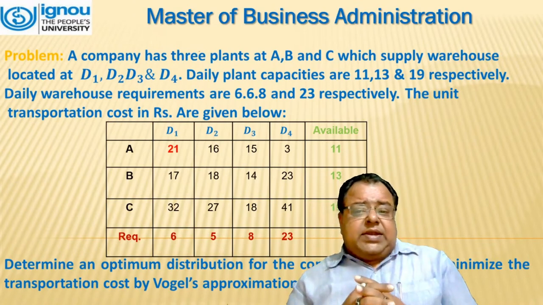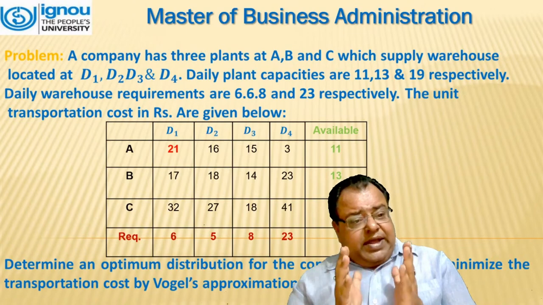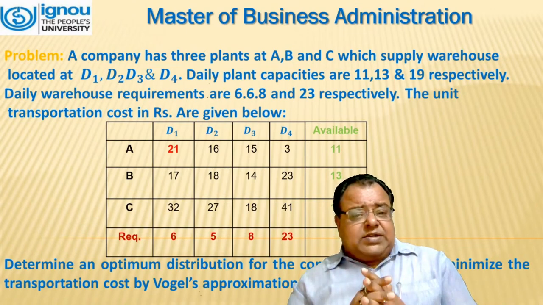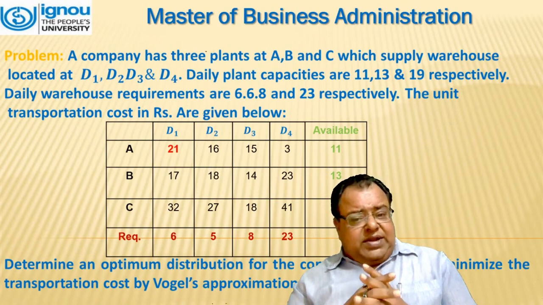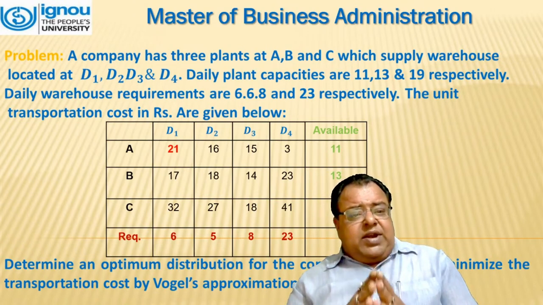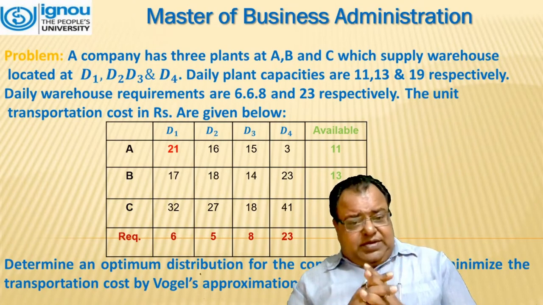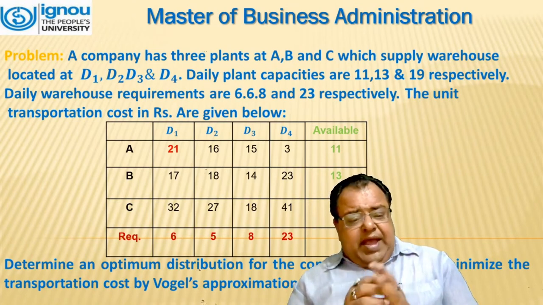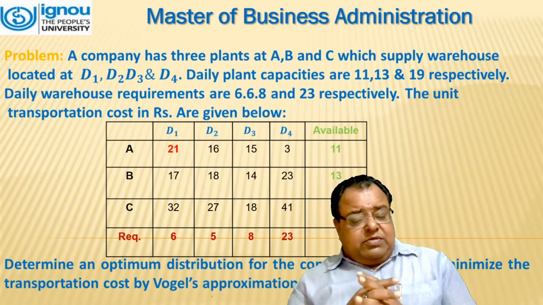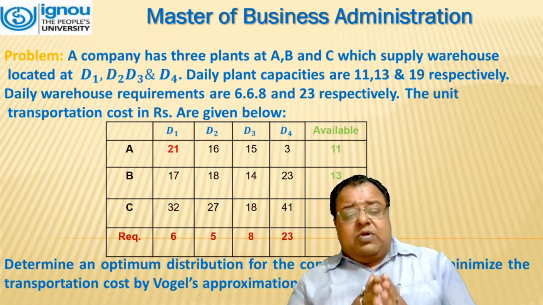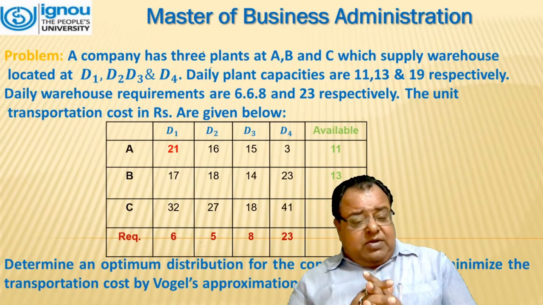Daily plant capacities are 11, 13, and 19 respectively, and their daily warehouse requirements are 6, 6, 8, and 23. The unit transportation cost is given to us. We have to determine the optimum distribution for the company in order to minimize the transportation cost.